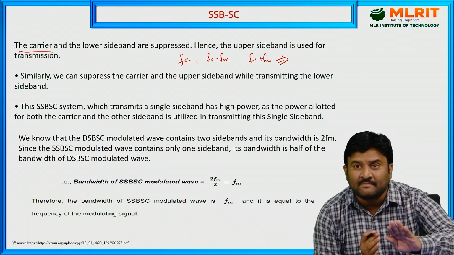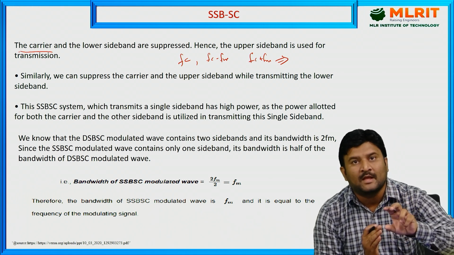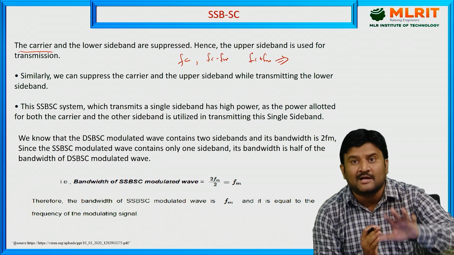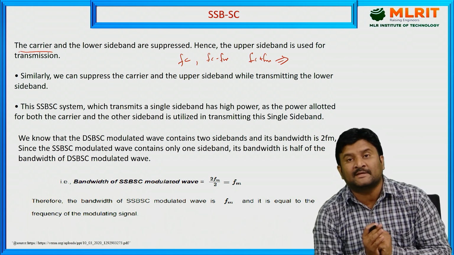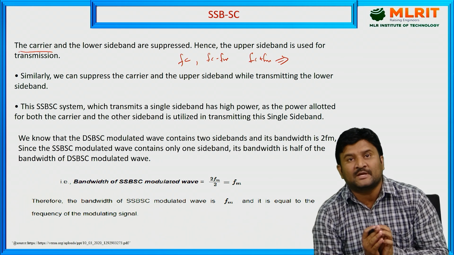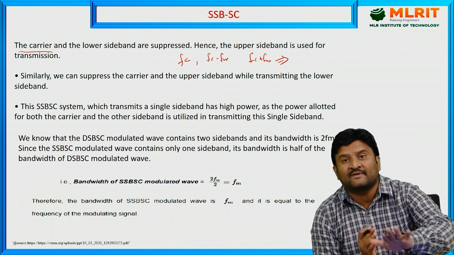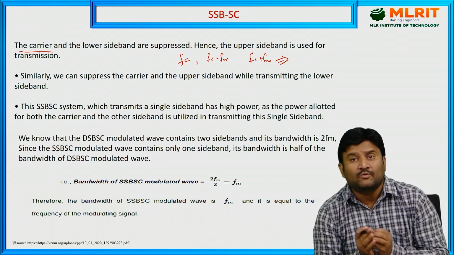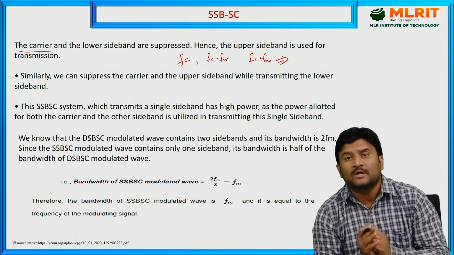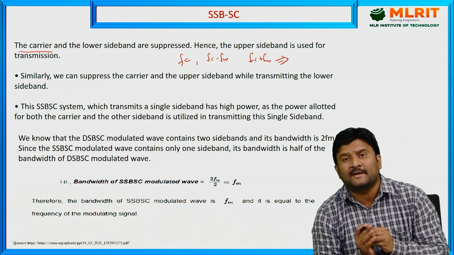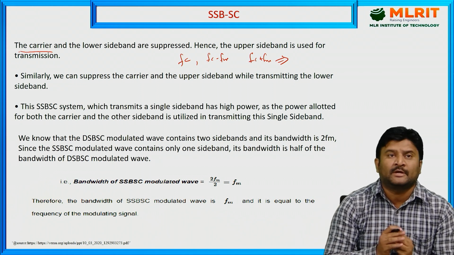FC minus FM consists of the information, and FC plus FM also consists of the same information. Therefore, you don't need to transmit the same information twice at a time. So you need to stop FC minus FM, the lower sideband.